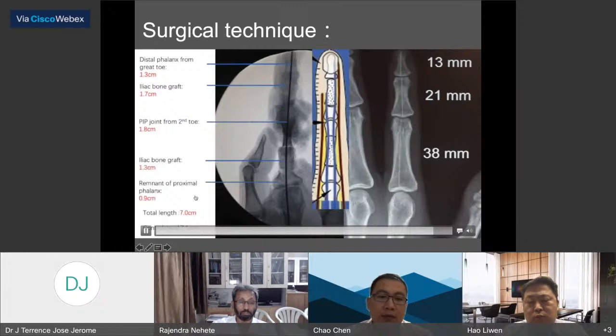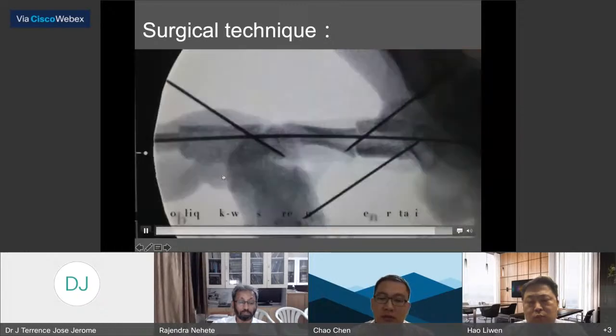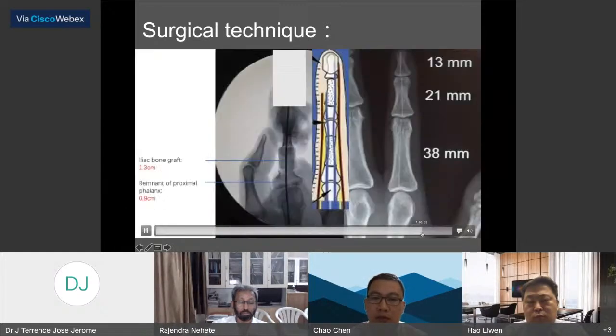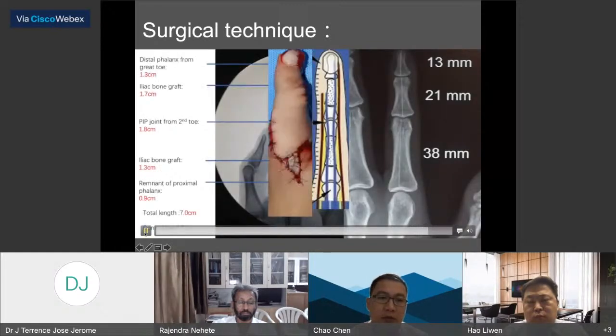There are two important things. One is the total length of the new reconstructed index finger, and the other is the position of the PIP joint.